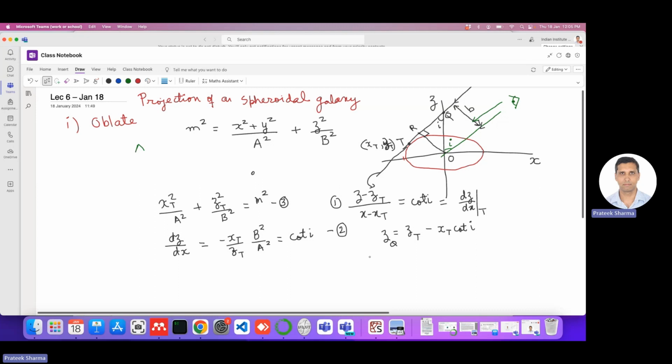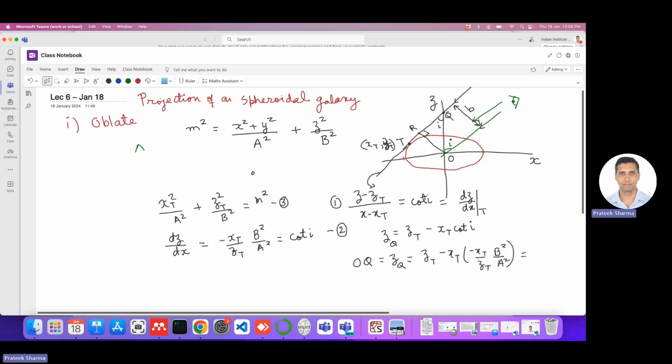So the distance OQ, which is nothing but zq, is equal to zt minus xt times cot I, and cot I is this expression from equation 2, so minus xt by zt times b squared by a squared.